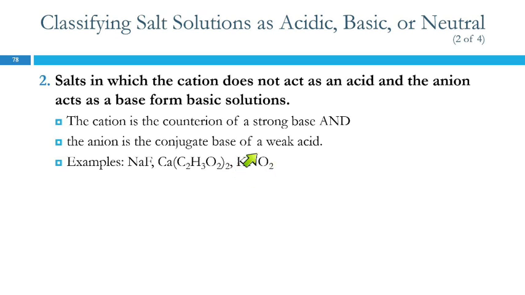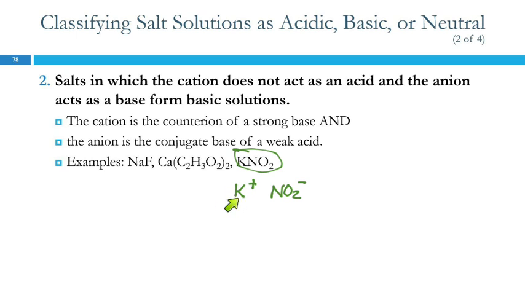Let's do this one. KNO2. So what are the two ions there? We've got potassium ion and NO2 minus. Nitrite, but you don't have to know that. What kind of a base does this come from? Potassium hydroxide, a strong base.